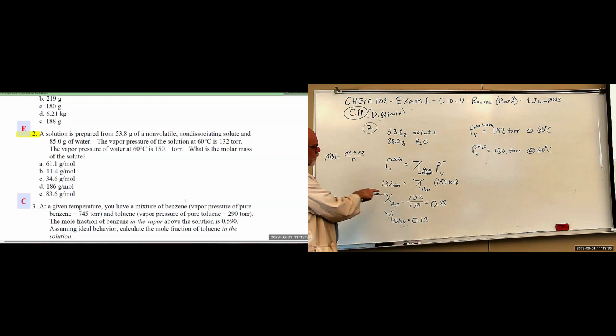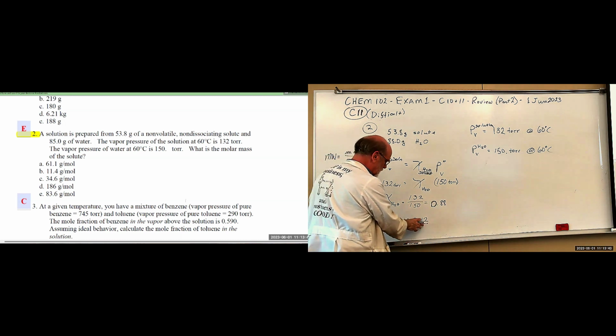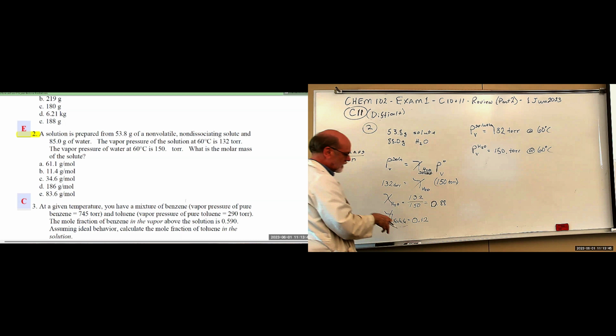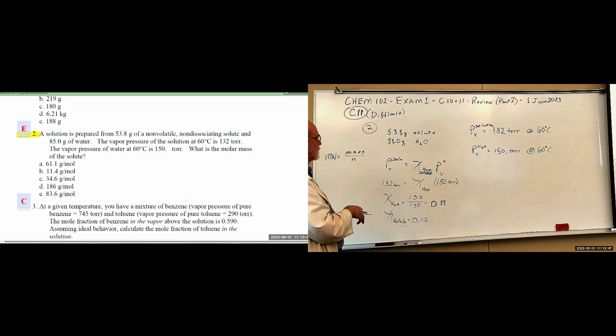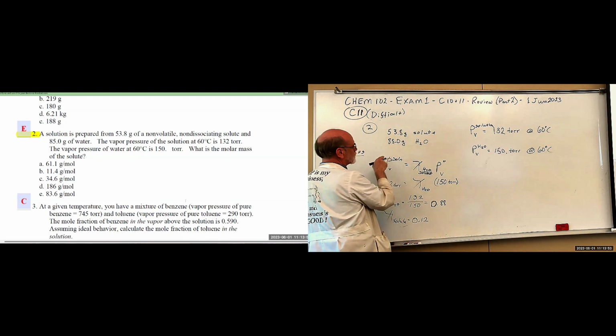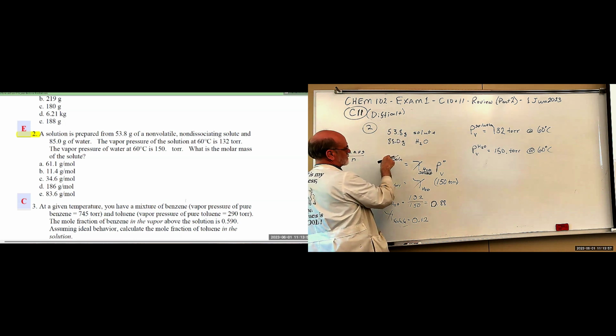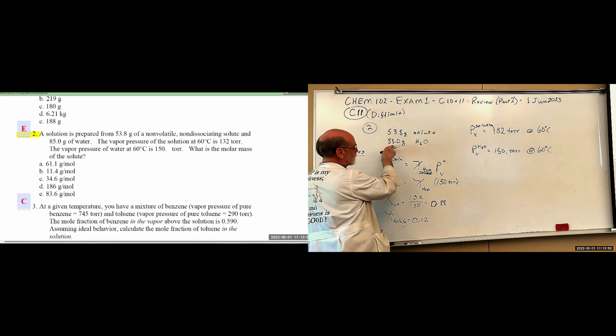So for this mole fraction, we have to get the moles of the solute. The mole fraction is that many moles per total moles. So what's the total moles? What we have to do here is assume that the moles of this solute contribute very little to the overall moles. So we know the moles of water.